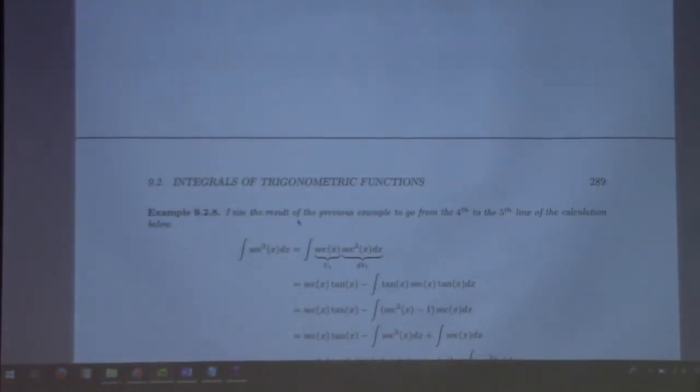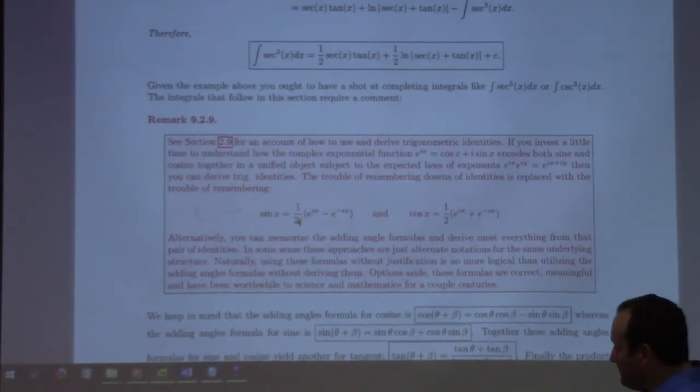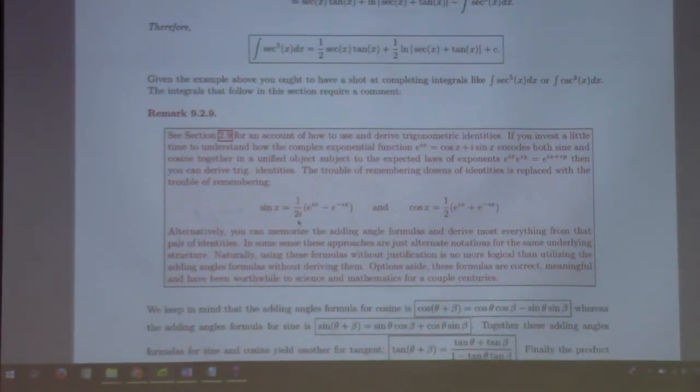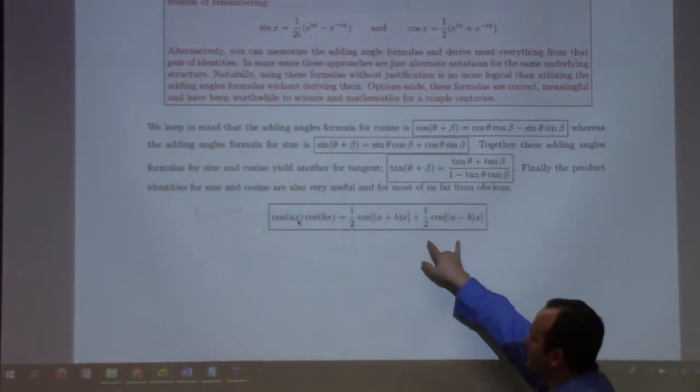As we discussed a while ago, we can write sine and cosine in terms of imaginary exponentials, but more to the point, you can derive identities from that, and one of the ones that you could derive is the product of cosines, like so, all right?